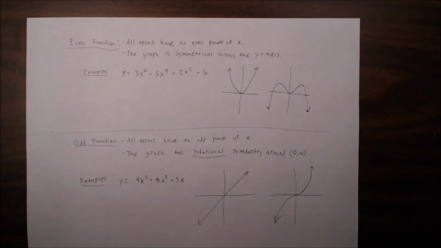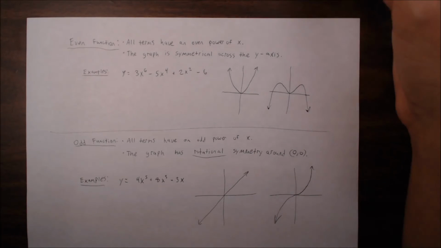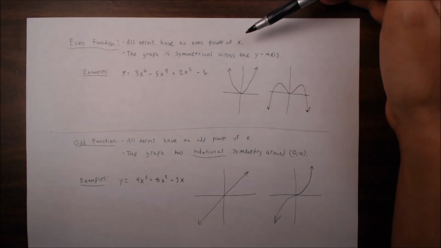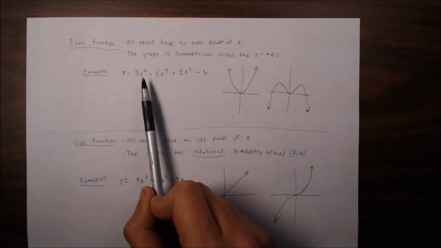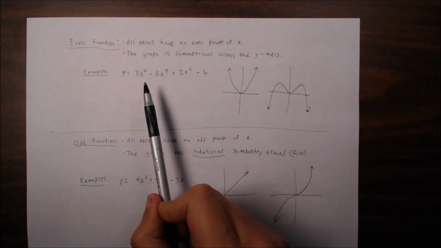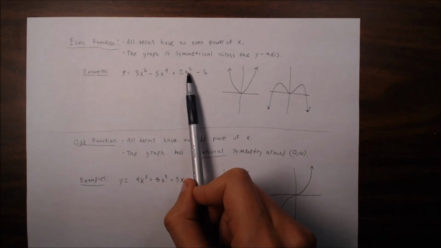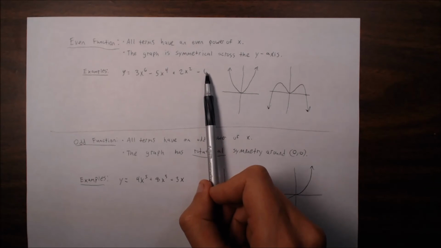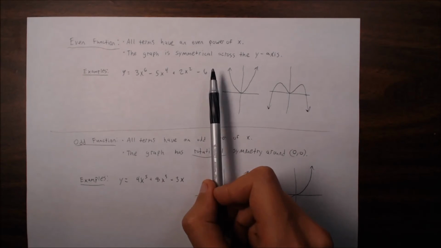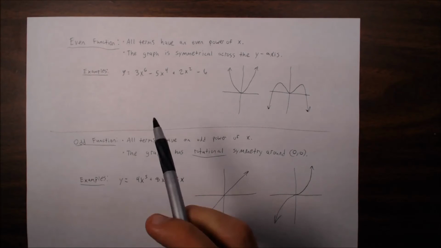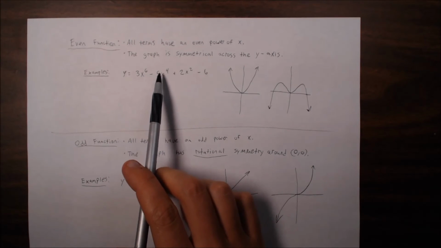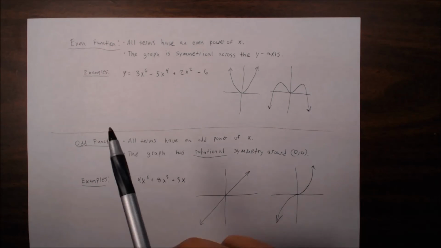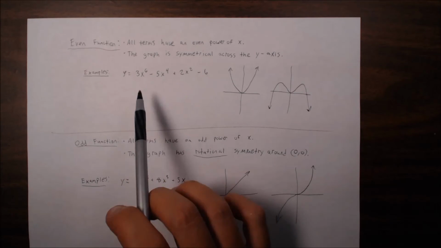There's a couple things that come out of that. If you have an even function where all the terms have an even power of x, for example, here's a polynomial that's even. It has x to the 6th, x to the 4th, x squared, and it has a constant, which if you remember, a constant is actually x to the 0, and 0 is an even number. I intentionally put odd coefficients on here just to throw you off, because I want you to know that the odd coefficients don't matter.